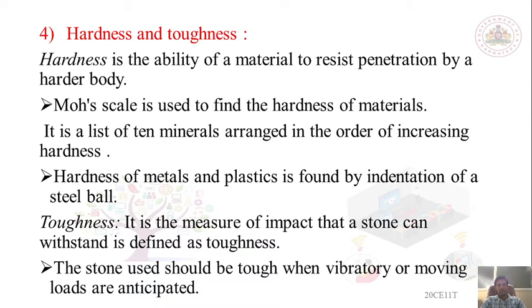One more equivalent word is toughness. There are two different things. Hardness is what you understood now: resistance to penetration. Toughness is different. Toughness is the measure of impact that a stone can withstand. It is the sudden application of energy on a material or stone, which the stone can withstand, and that is said to be toughness.